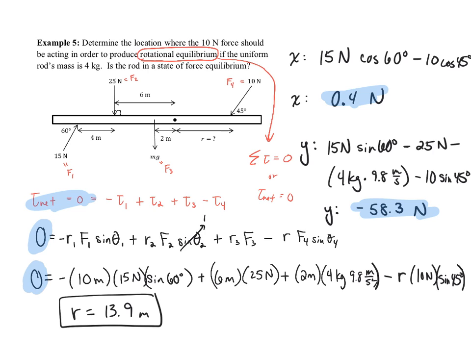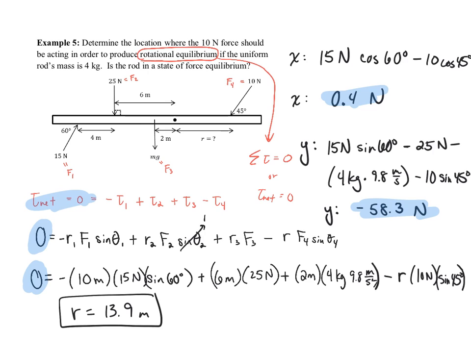But likely, if this pin is made out of aluminum or even something stronger like steel, it's not going to crack under a force of 58.3 newtons. So if its yield strength is more than 58.3, this object will not fail. It will not collapse to the ground or wherever it is.